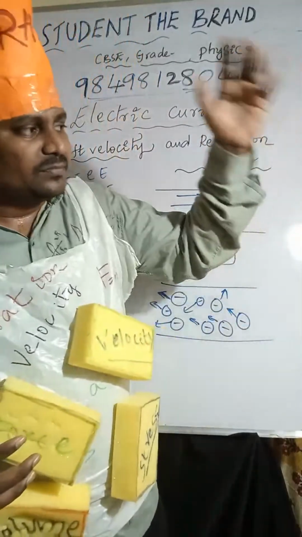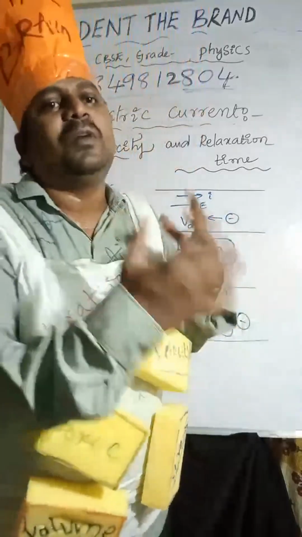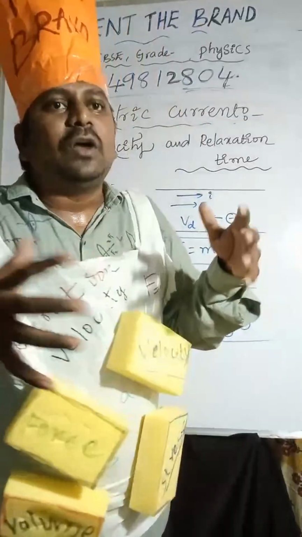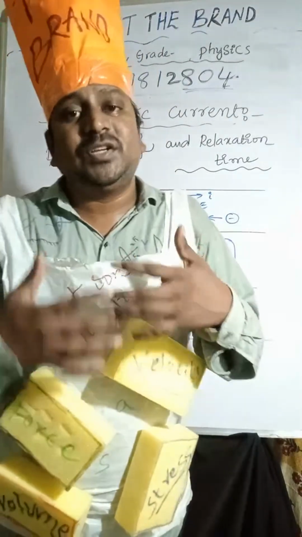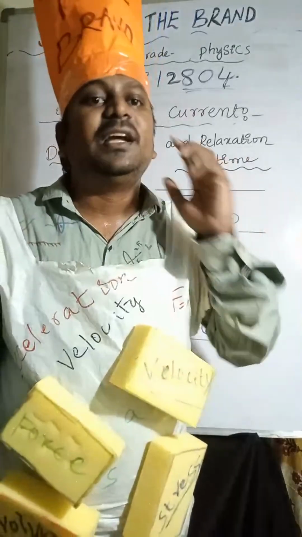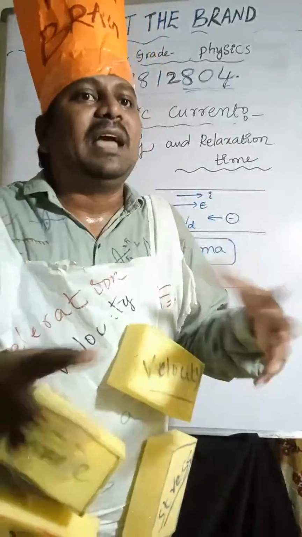That electron then hits another electron, like that. Collisions keep taking place in the conductor, so the average velocity of an electron moving in the conductor is called drift velocity.